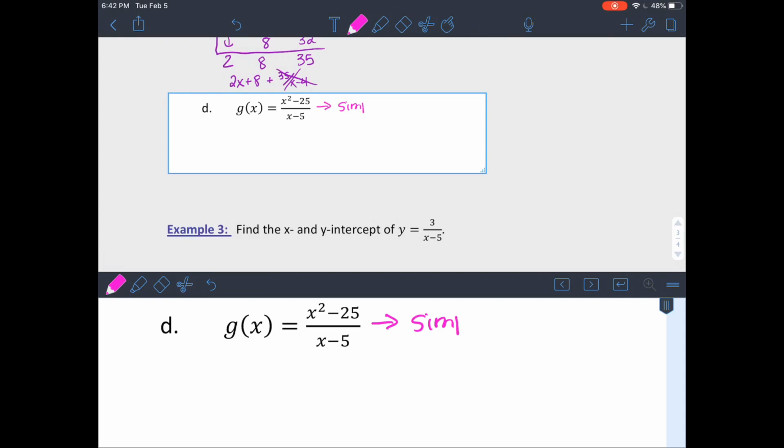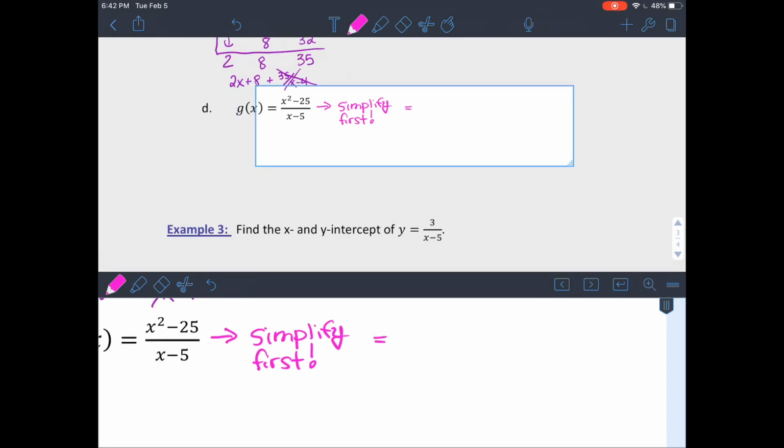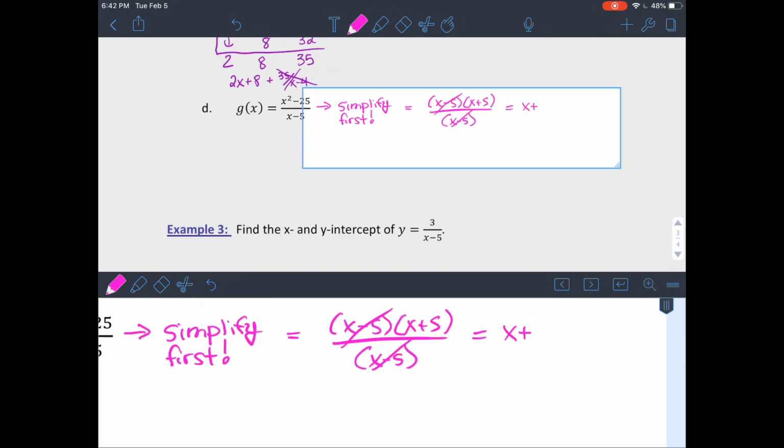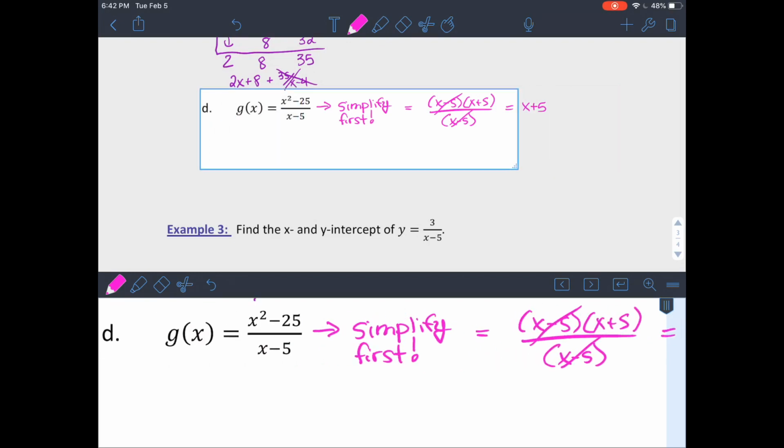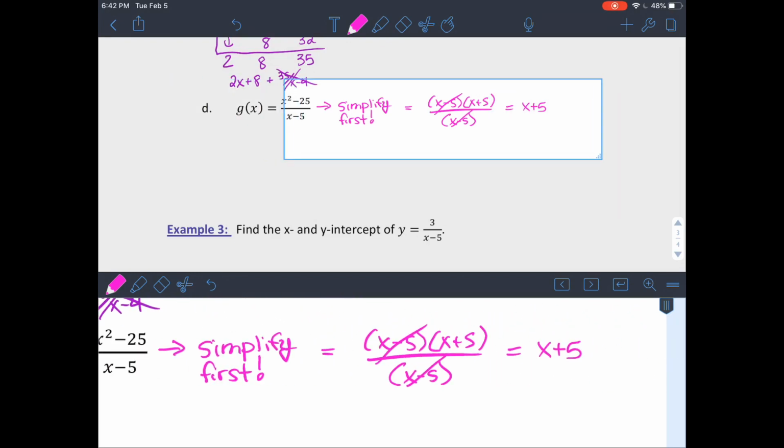All right, last one. I want to point out that you should always simplify your rational function first if you can, because it affects what asymptotes you really have here. I can factor the top and then divide out my factor of x minus 5, so my simplified function is just y equals x plus 5.